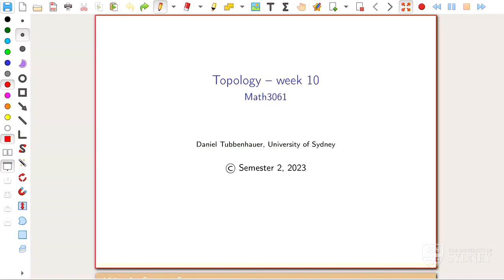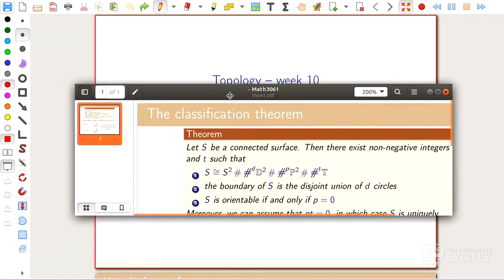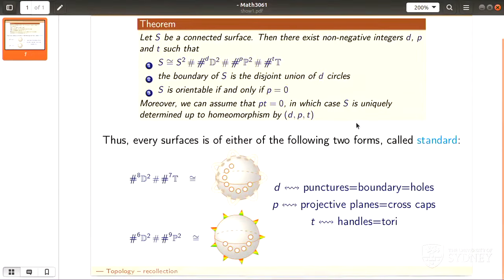But today, let me remind you of what we have seen last time, because it is just really, really important. I copied it from the other slide and put it on one slide. There's this one theorem, and then there is a specific form a surface has, which we call the standard form.